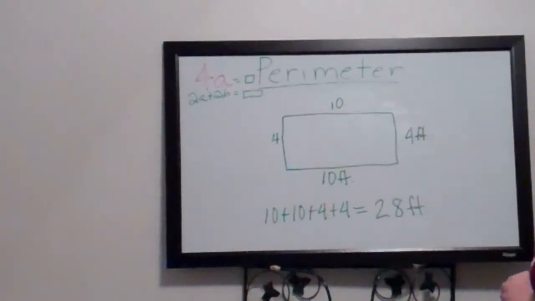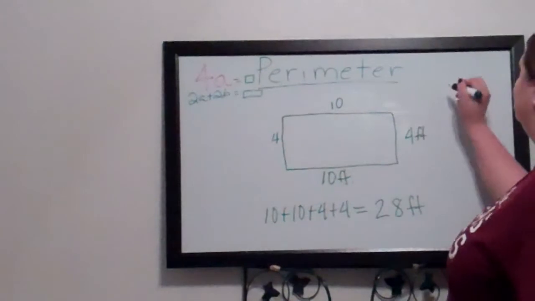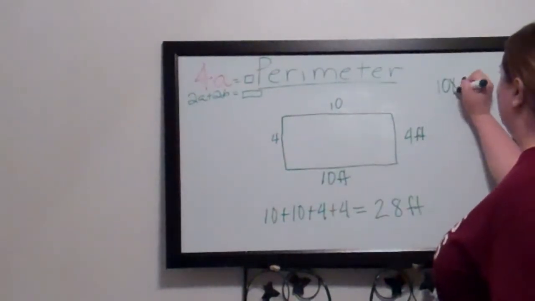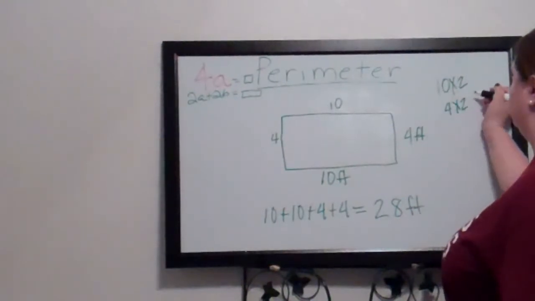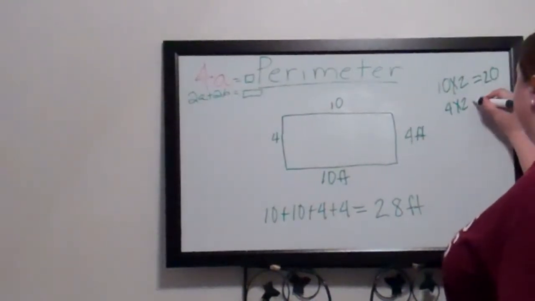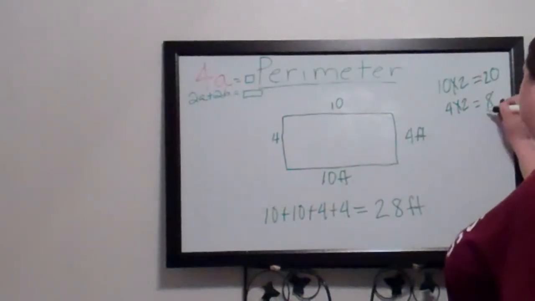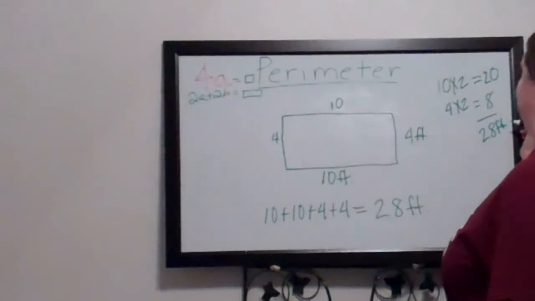Okay, what's another way that you could figure that out? You could multiply 10 times 2 and 4 times 2, which is 20 and 8, which equals 28 feet. Good job, awesome.